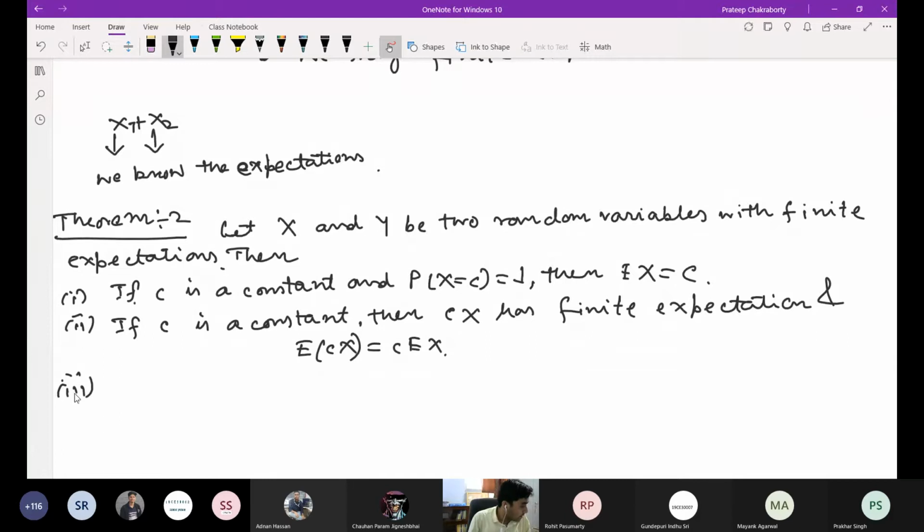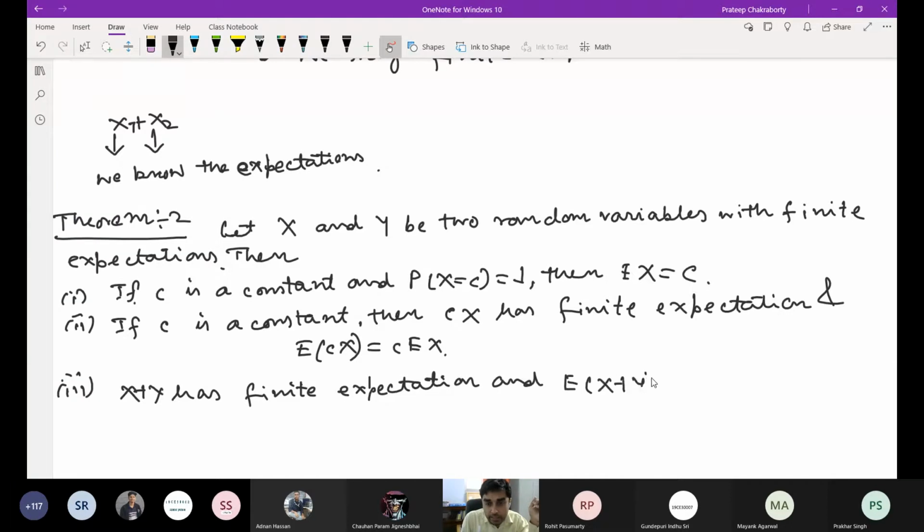3. x plus y has finite expectation and E of x plus y is Ex plus Ey. 4.